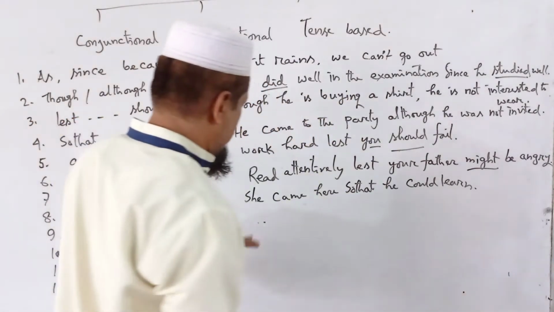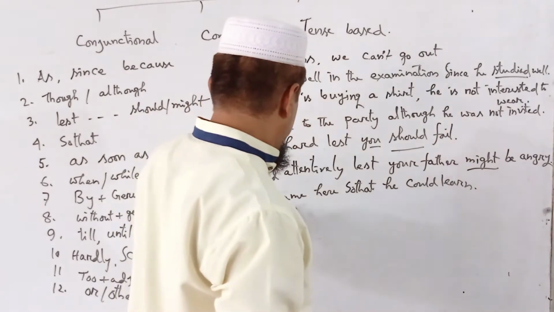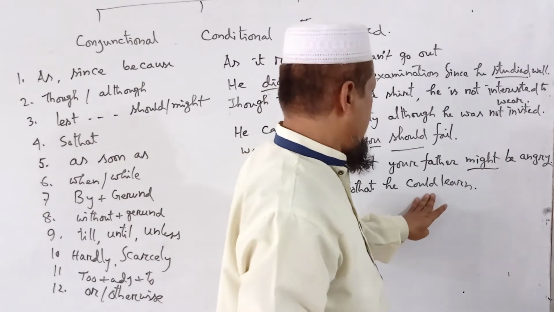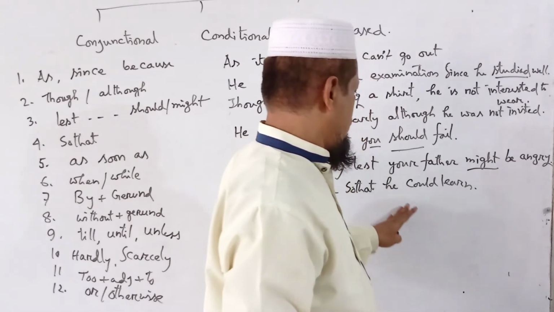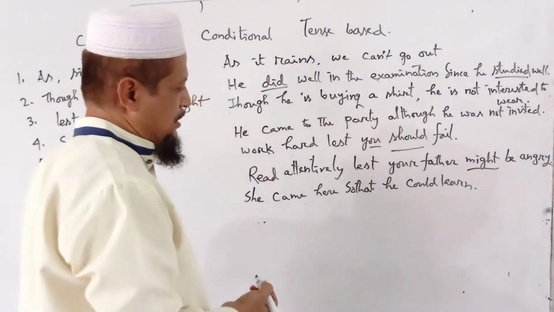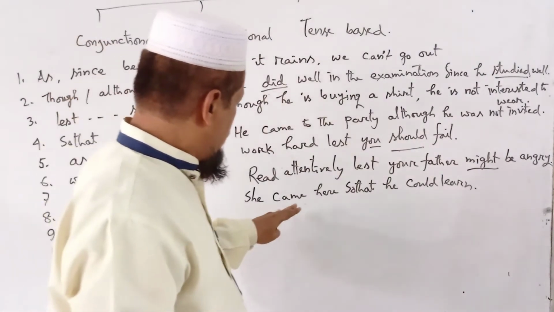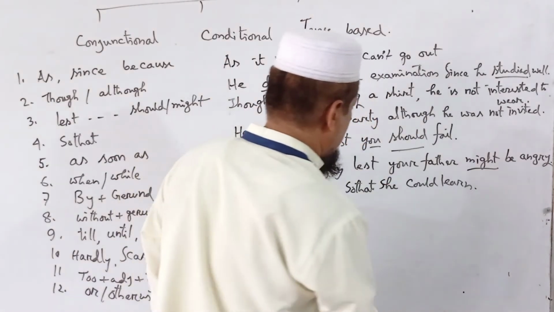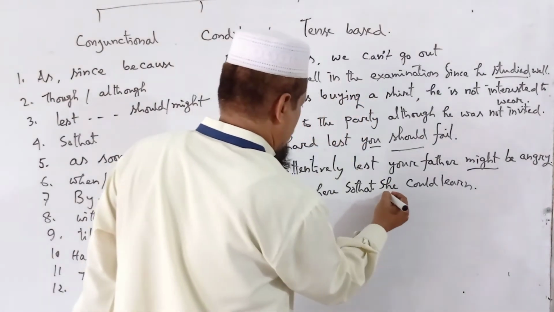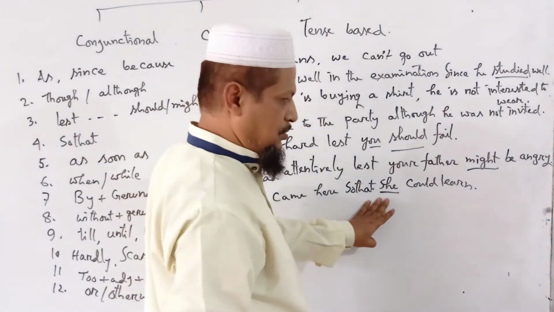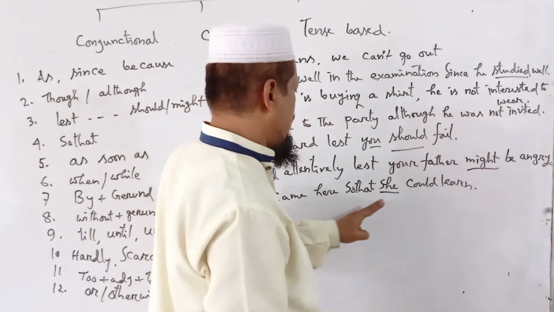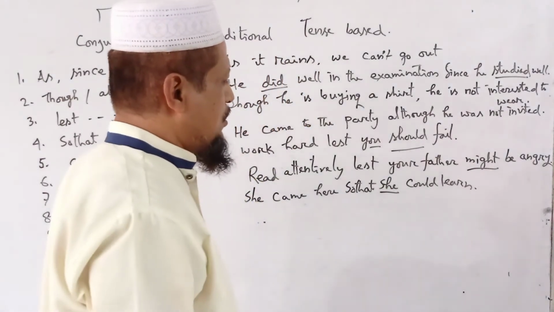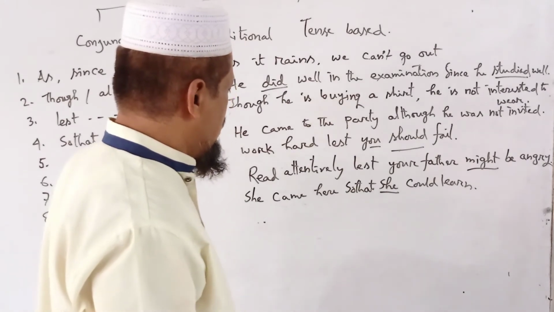If the first clause is given in past form, then you will add could or might to complete the second clause, with a simple present form. Here I wrote: she came here so that she could learn. Your subject will differ. It is completely up to you. You can add any type of subject, but the meaning won't be derailed. The meaning should be clear and should fit the given sentence.